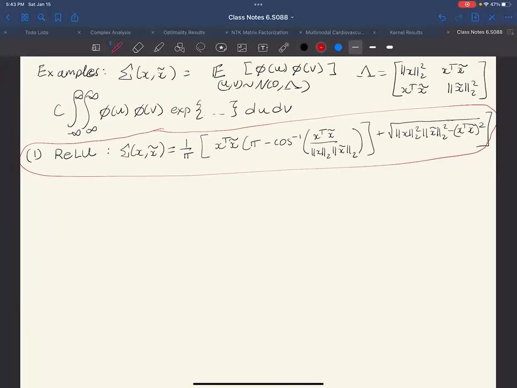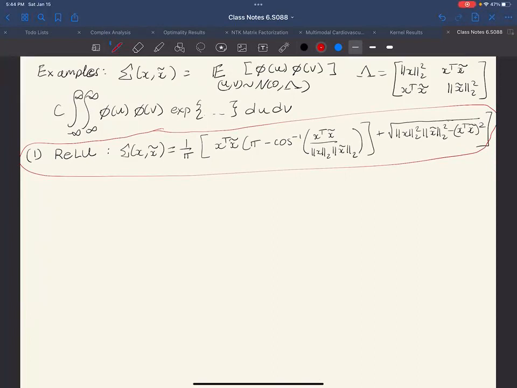And the best part is it's exactly equivalent to training just the last layer of a neural network that's infinitely wide. And so you can approximate this thing by actually training wider and wider finite width networks, freezing the first layer and training only the last layer. And you'll see that it exactly matches solving kernel regression here.